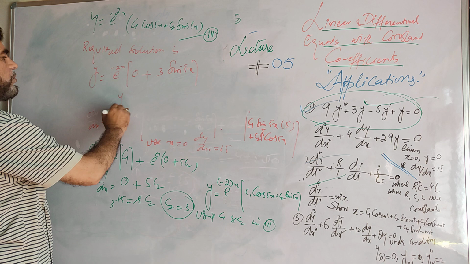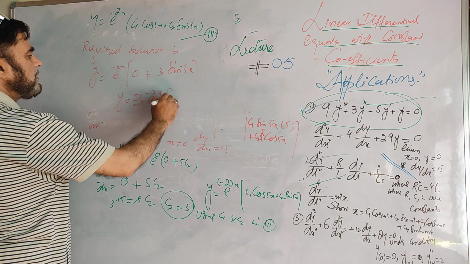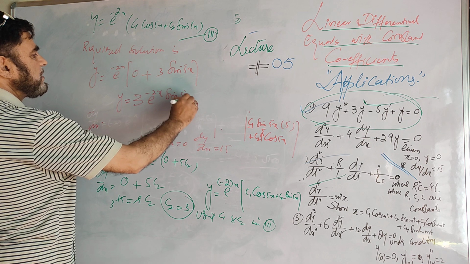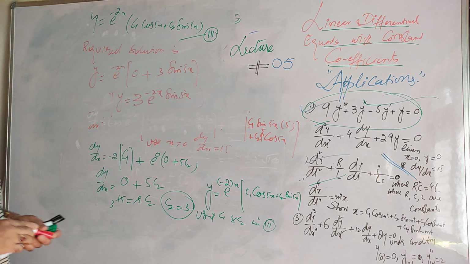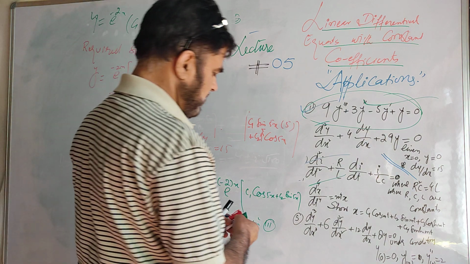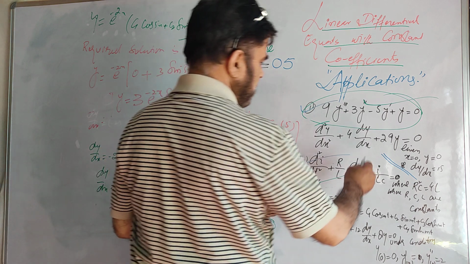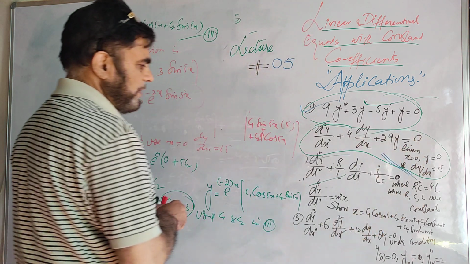So you can write the solution as y is equal to 3 e raised power minus 2x sine of 5x. This is the complete solution of this differential equation when we could find out c1 and c2 with the given conditions.